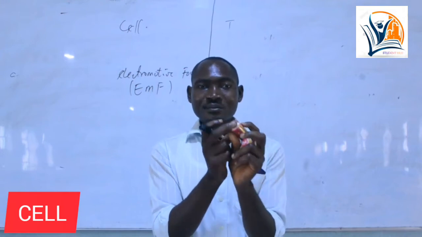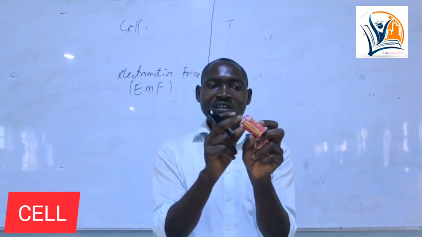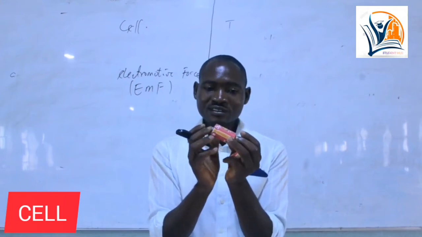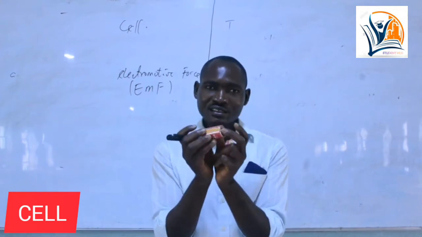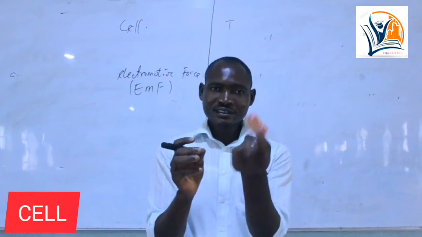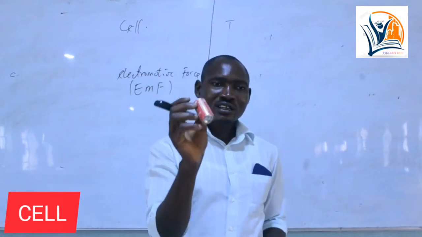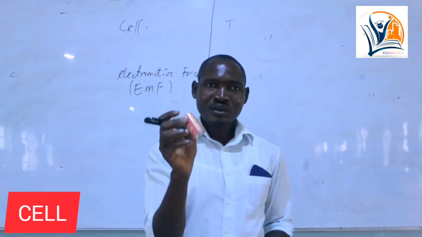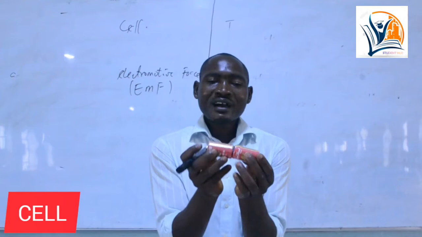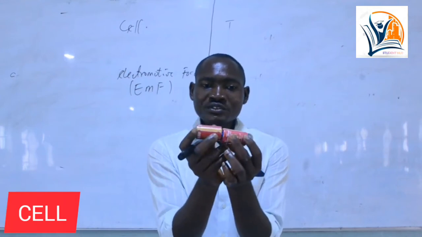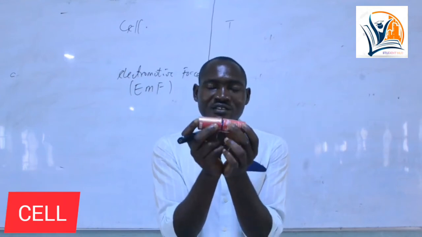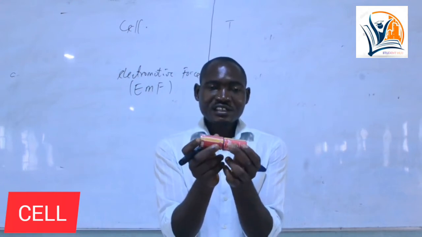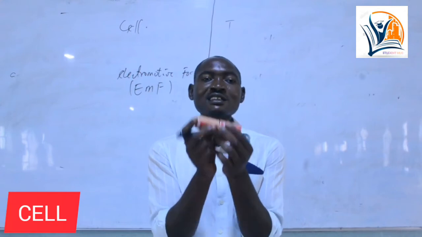The down one here is the positive terminal, while the up one here is the negative terminal. And this battery has a total value of EMF, which is 1.5 volt. So when we combine two cells together, it gives us 3 volts. The total EMF of this battery is 3 volts.